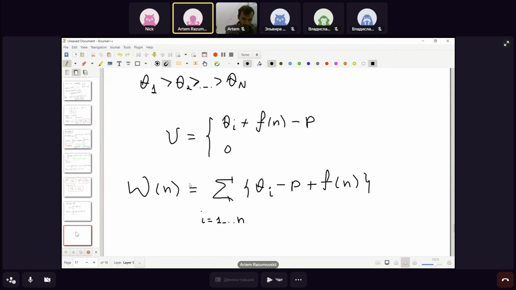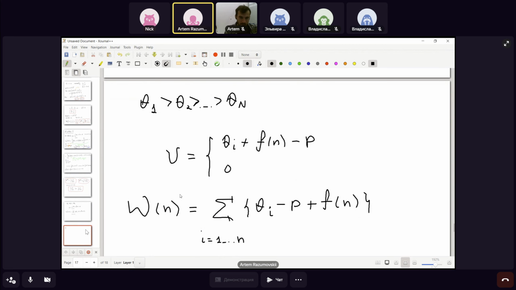So any idea how to think about it? We can still draw this picture maybe. Like some theta, and if f is increasing by n, it means that all those to the right will buy and to the left won't buy.